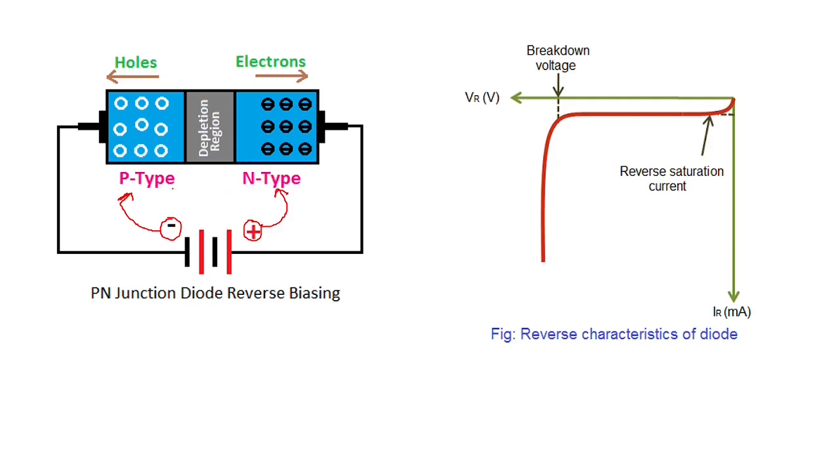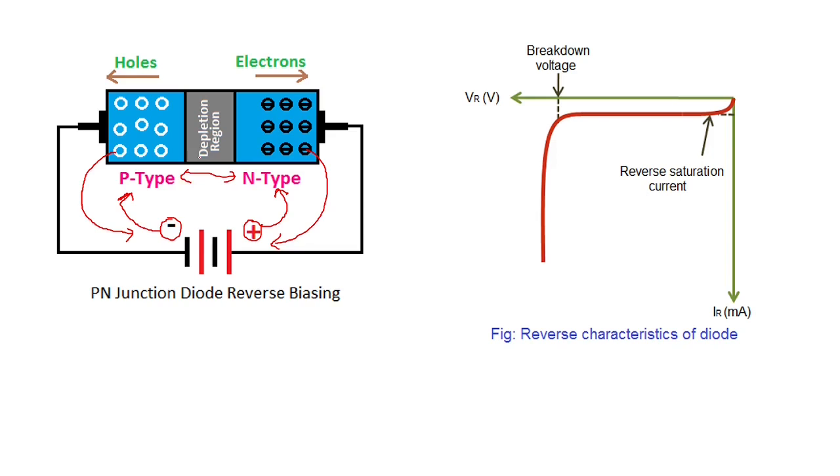Now this is going to attract the majority charge carriers back towards the battery. That means in p-type the holes are majority charge carriers. These are attracted over here because holes are positive charge particles, and even in n-type electrons are negative charge particles, they will be attracted here, and the depletion layer in between is increased.